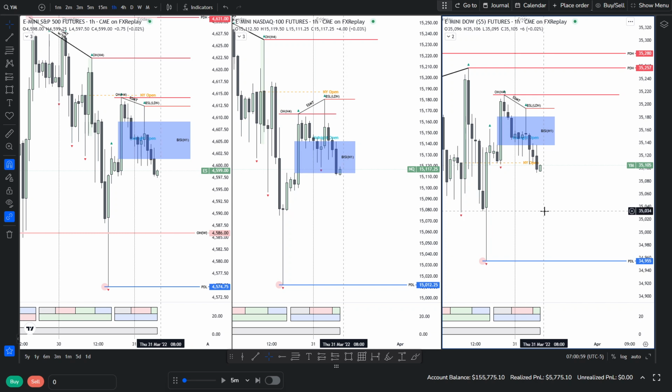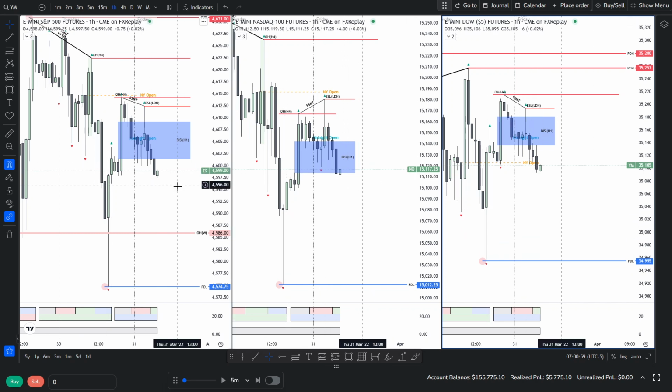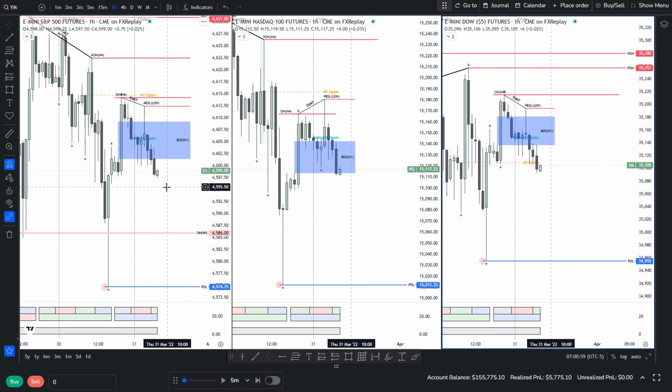Okay, so they've all traded through the aligned BISI, so that supports lower prices.